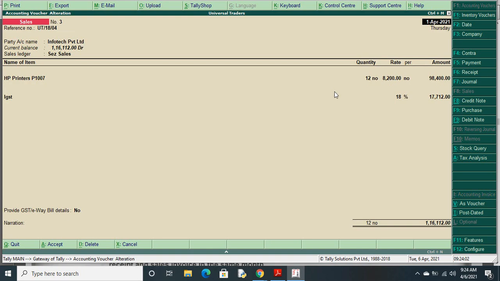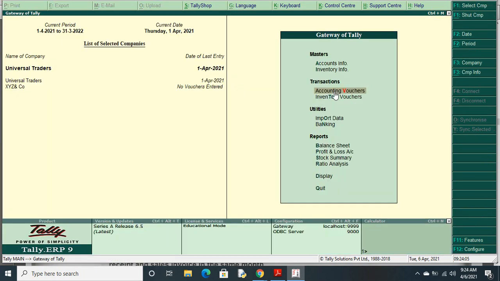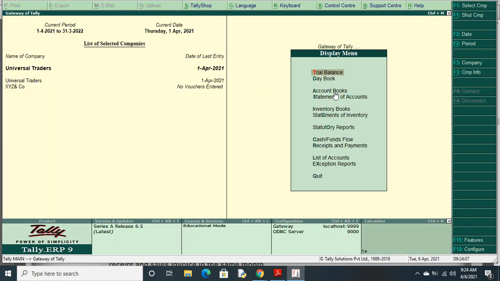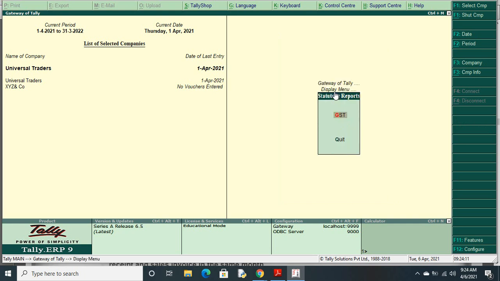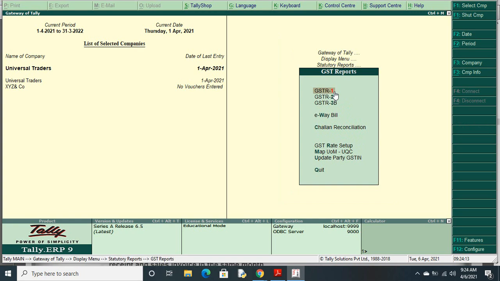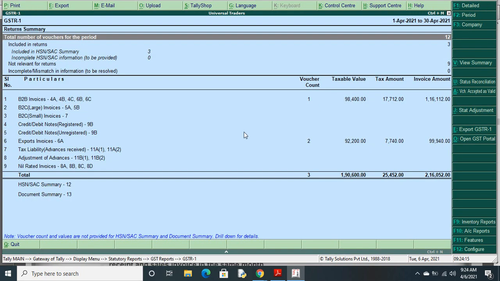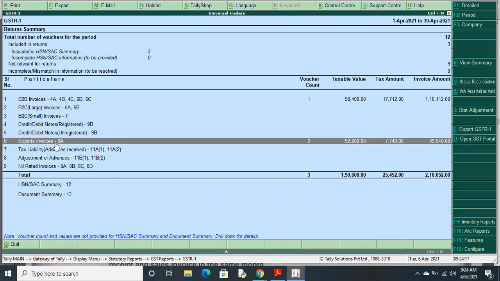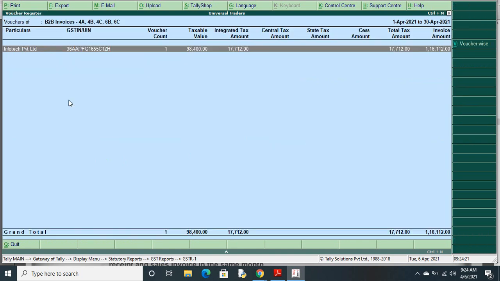Then Display, Statutory Reports, GSTR 1.